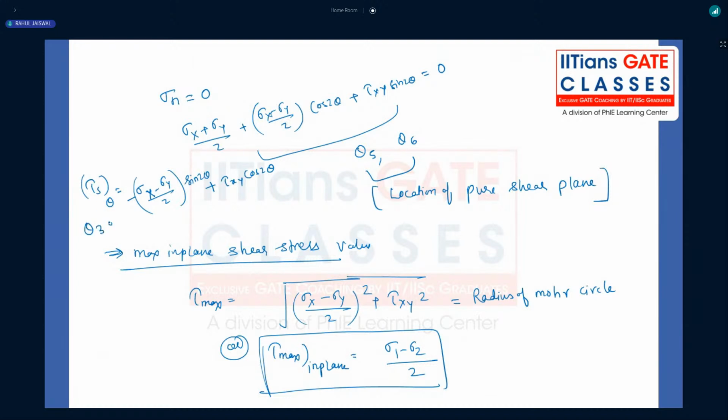Either you can put theta 3 or you can put theta 4, right? Put the theta 3 value once again by taking tan 2 theta, that will be tau xy over (sigma y minus sigma x) by 2, right? Once again, you find the values of sine and cos from that triangle, put that value, simplify that, you will be getting this one. All of you are understanding or not?